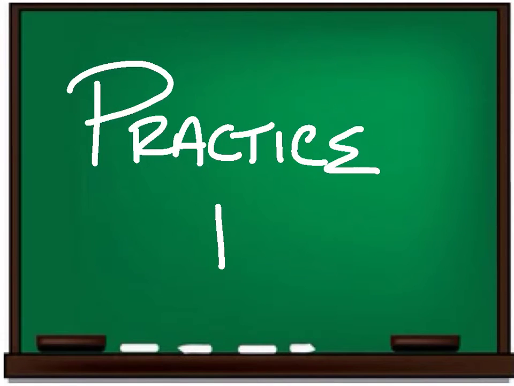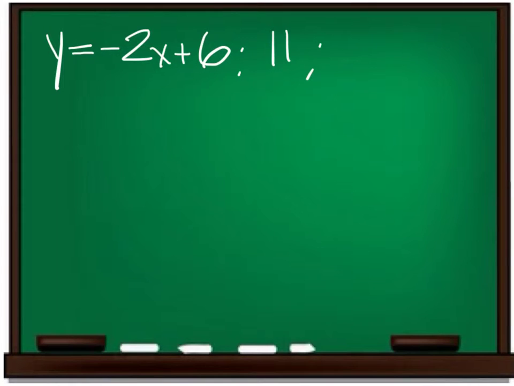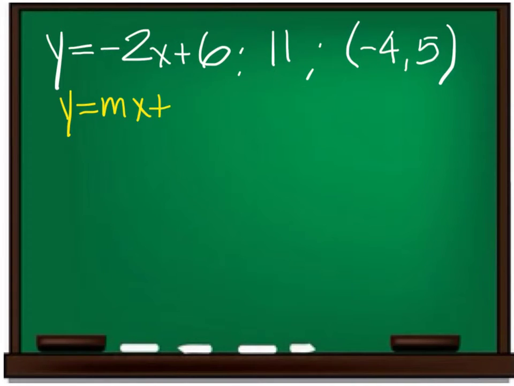Practice 1. On the practice problem, let's start with y equals mx plus b. The slope must be the same. So y equals negative 2x plus b.